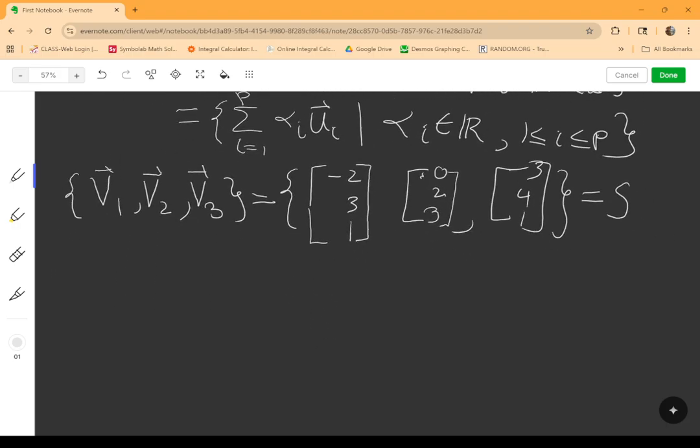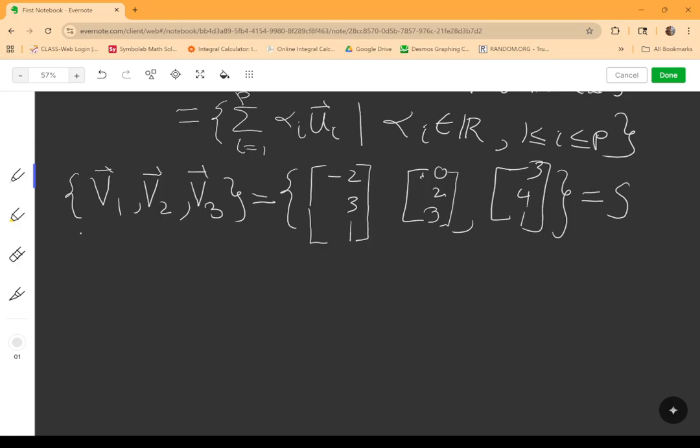One thing to keep in mind here is that the set S is a finite set. The set S consists of three elements, V1, V2, V3. The span of S is an infinite set because our scalars become all the different linear combinations, for all choices of real numbers.